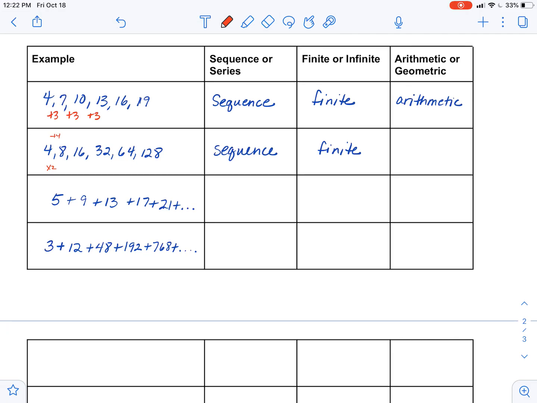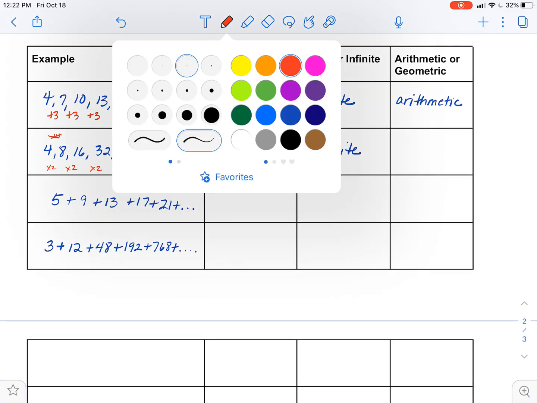Either one, but when I go to the next one, in order to get from 8 to 16, I can't add 4, so that eliminates it being arithmetic. But if I times it by 2, it's going to work, and now I see that that is my pattern. Okay, so it is geometric.